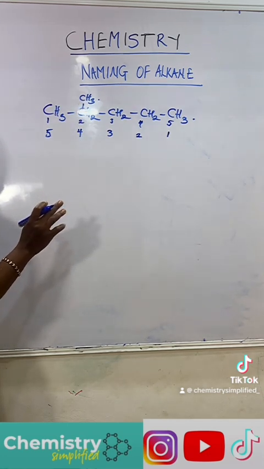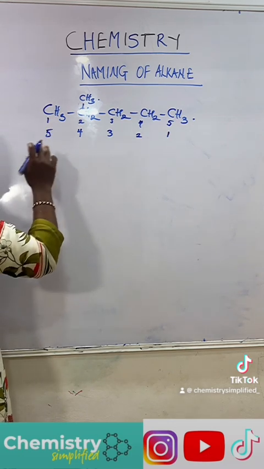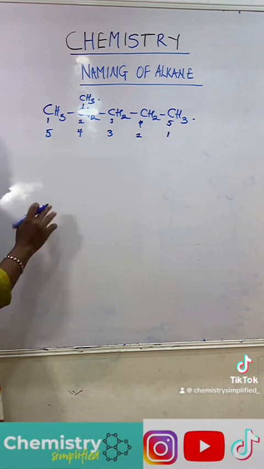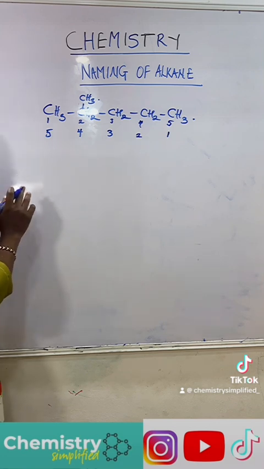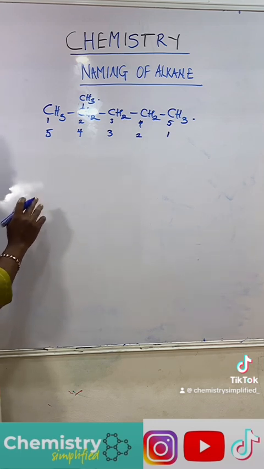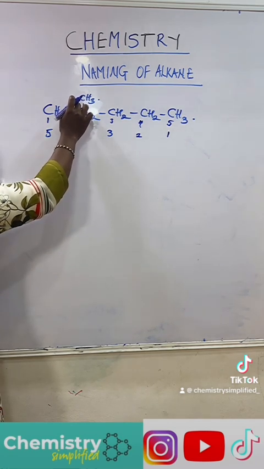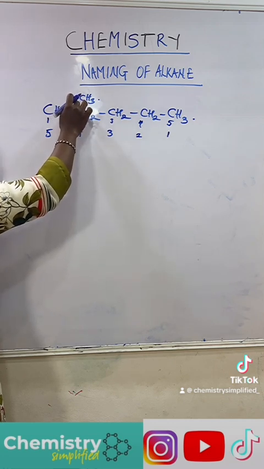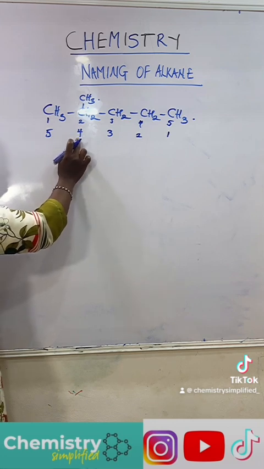So I would rather prefer the one from my left hand side to the right hand side, because remember the rule says you should give the lowest number to the substituent, or better still, you should name the substituent based on the position at which it is attached. And when you look at it here, it is attached to carbon 2. So we'll rather consider the carbon 2 here where the substituent is attached than considering carbon 4 where the substituent is attached.